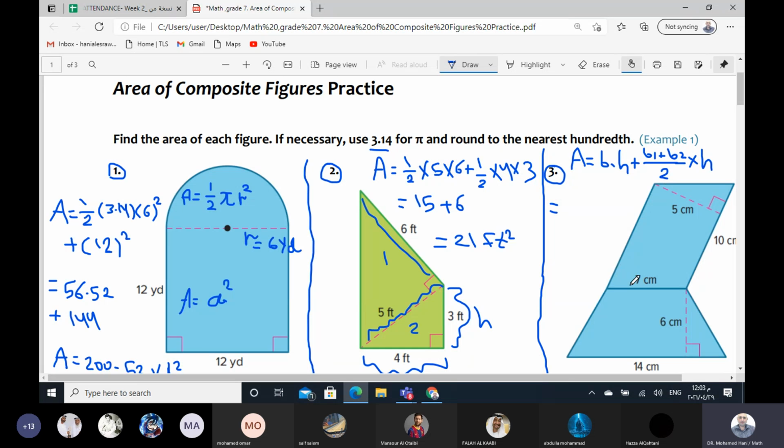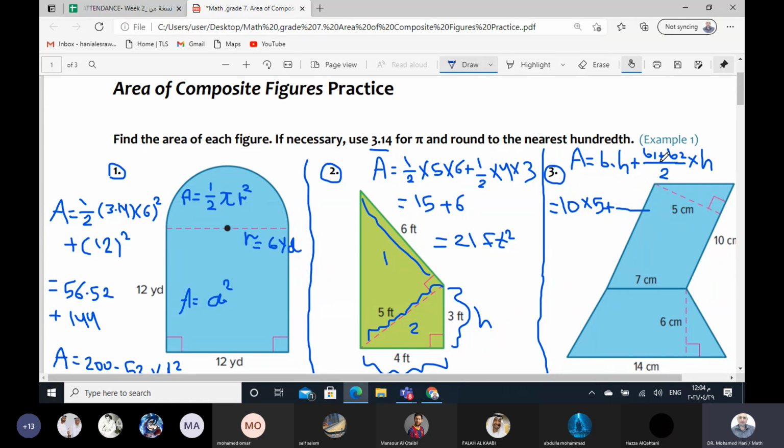The parallelogram. This is the base, will be 10, times the height will be 5, plus the trapezoid.